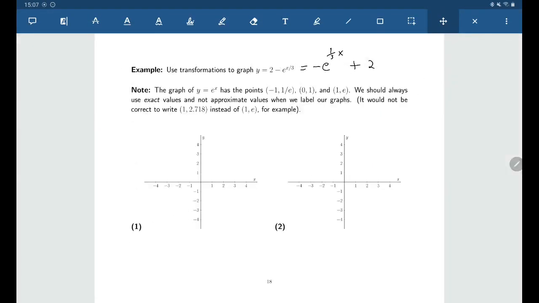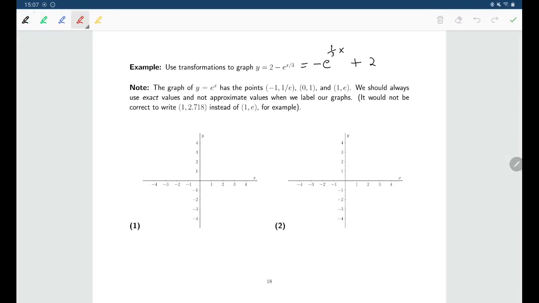So if you're thinking about our transformations that we have here, we have number 1, the x value being multiplied by 1/3, that's a horizontal stretch. And remember that for a horizontal stretch, whatever that number is in front of the x, that's what we'll be dividing every x coordinate by.